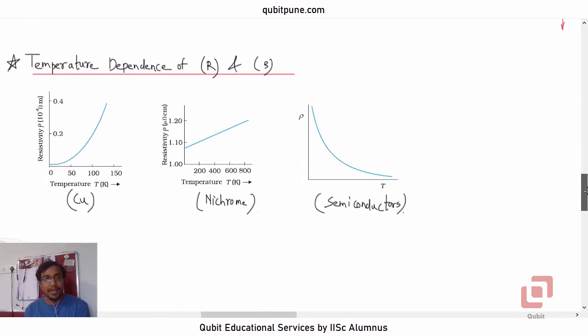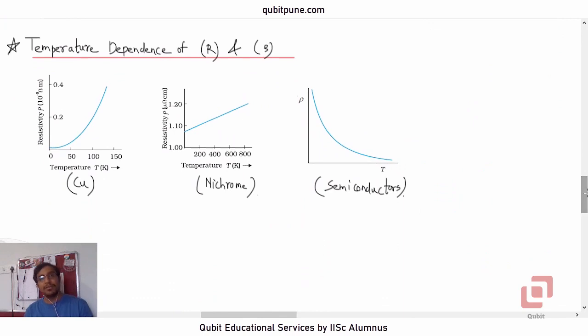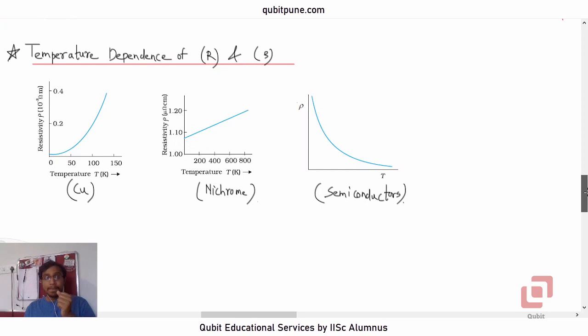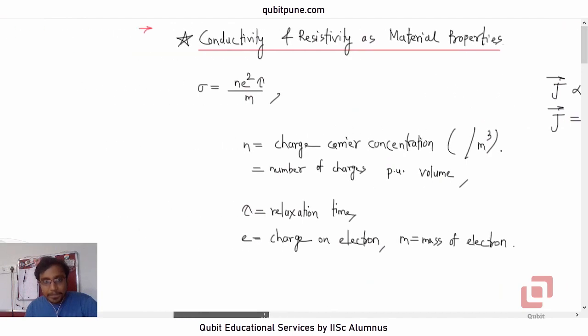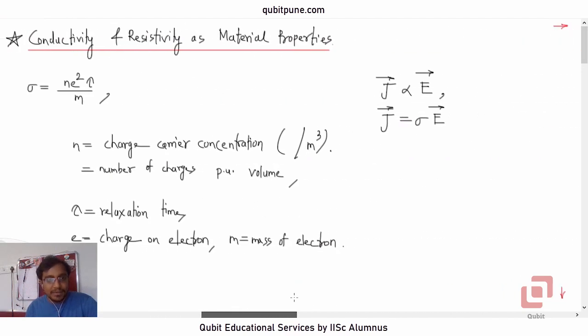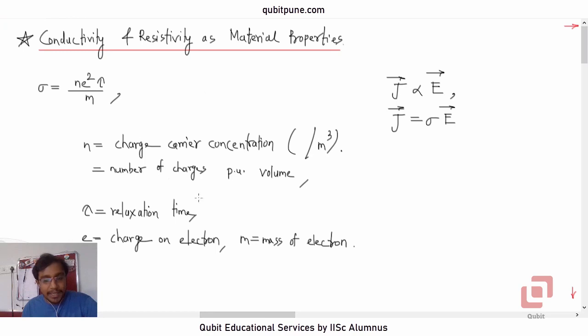Next, temperature dependence of resistance and resistivity. Please let me remind you again that the formula we derived for conductivity, sigma is equal to Ne squared tau by m, was under the assumption that temperature does not change.